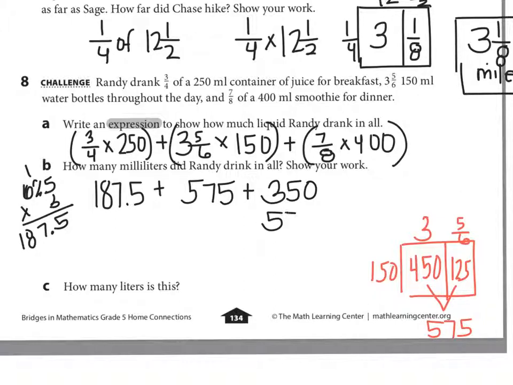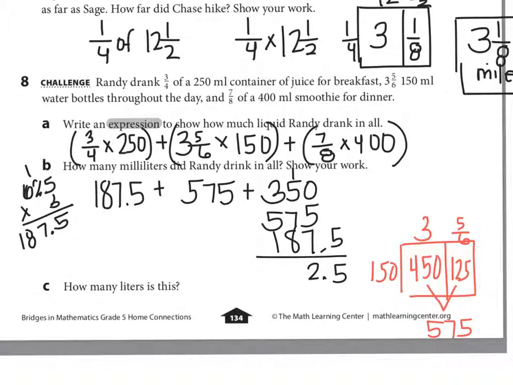Add these three amounts up. For myself, it's easiest to write them vertically. When I'm adding these numbers, it's difficult for me to add with them written horizontally. So I see there's 1/2. 7 plus 5 is 12. Carry the 1. I have 8 plus 8 is 16.